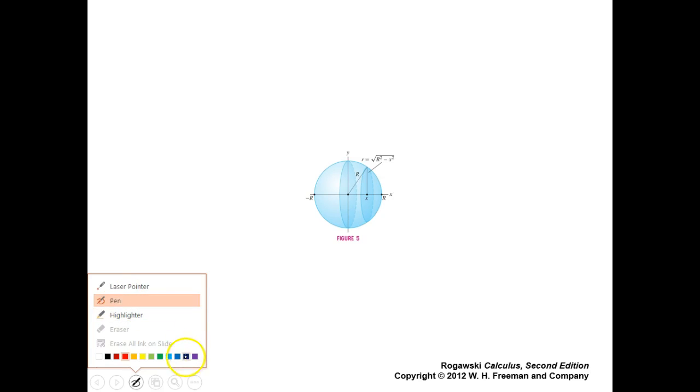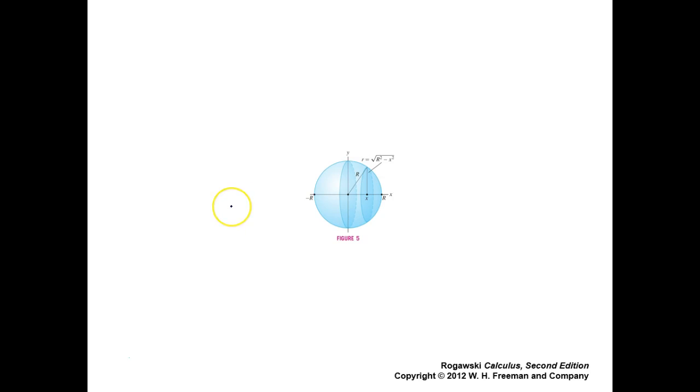The volume of the sphere is going to be the summation of the volumes of all these wedges, or I'm going to call them circles. You're doing the volume of all the circles this way. This is the representative of that circle. Its volume is going to be the area times the thickness.